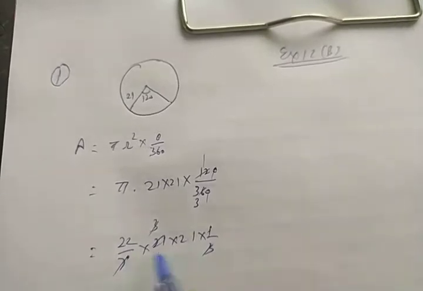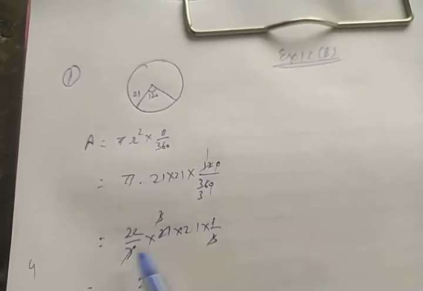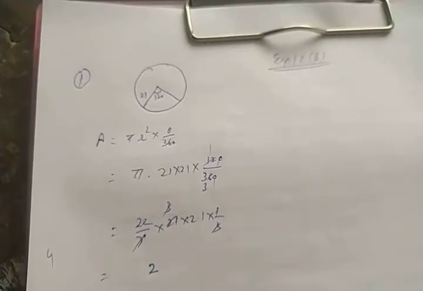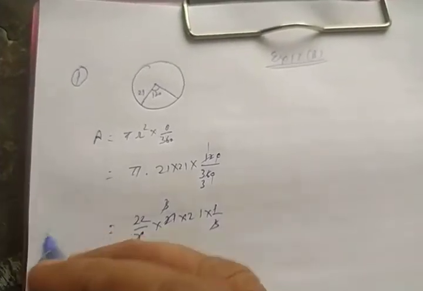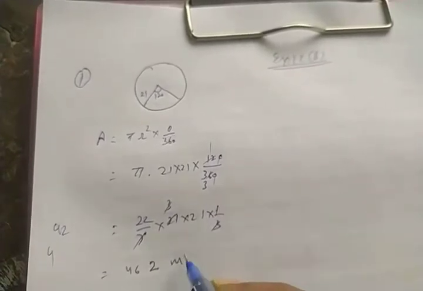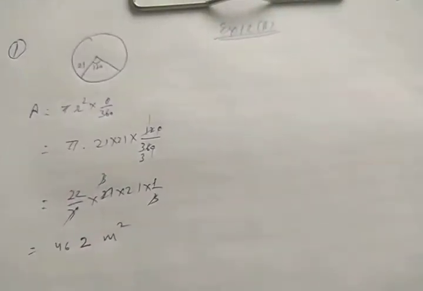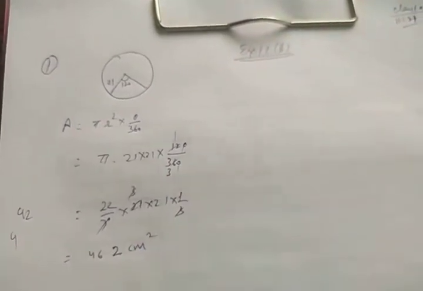Then 21 into 22 gives 462. This is this much meter square. Whatever the unit is, centimeter square, this is the area.